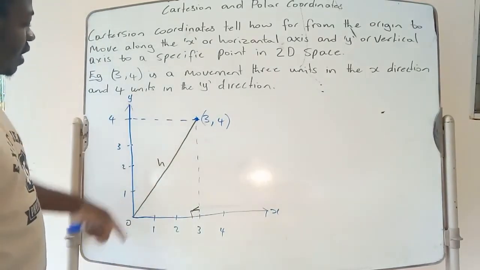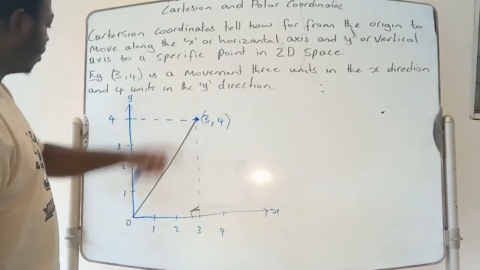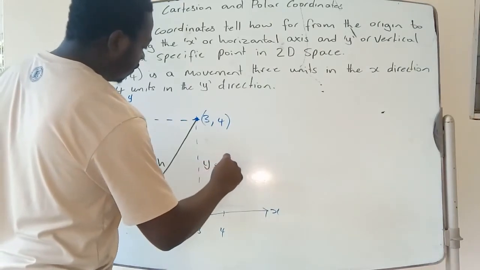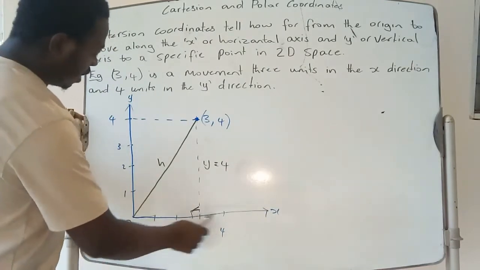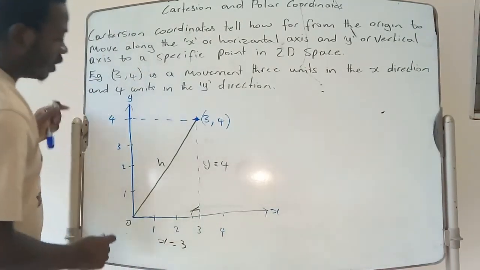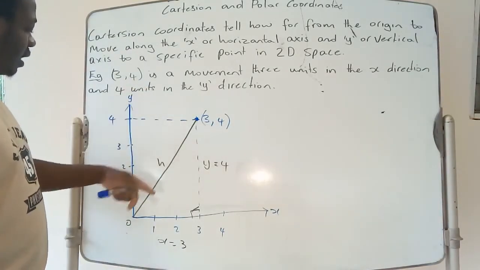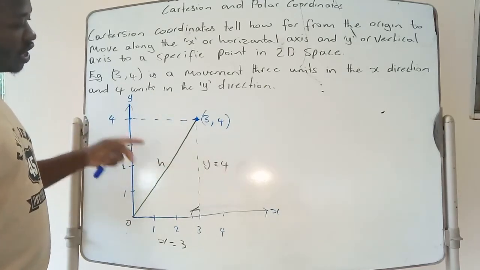So what this is saying here, this is saying that the y, the height here, is y equals 4. That's what this is saying. And this is saying that x, the horizontal movement, x is equal to 3. Right? Now, let's say we want to determine the length of this line, which is h.